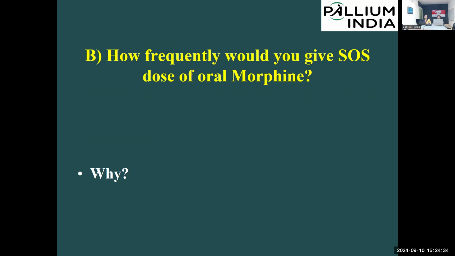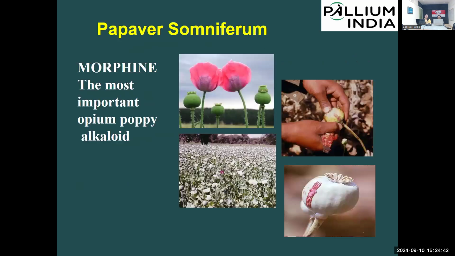So to understand this better, we need to understand more about morphine, its action, its metabolism. So morphine is a naturally occurring opioid that is extracted from the poppy plant called Papaver somniferum.